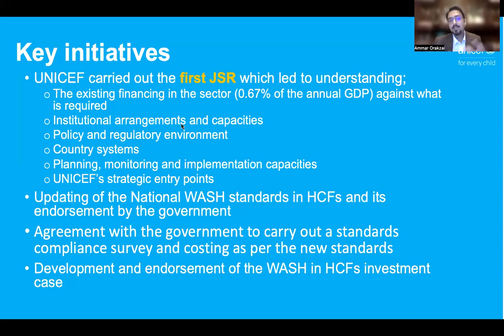The information was also collected from other studies, and primary collection of data was also done at the same time. Based on an expenditure and budget analysis, we understood that the WASH sector was overall getting around 0.67% of the annual GDP, whereas the requirement was around 213 million annually until 2030, which also shows a huge gap.